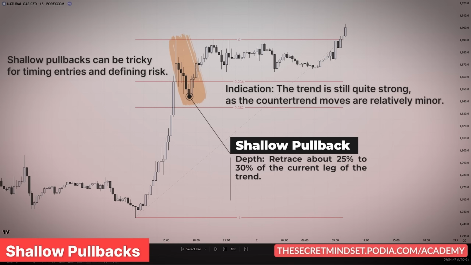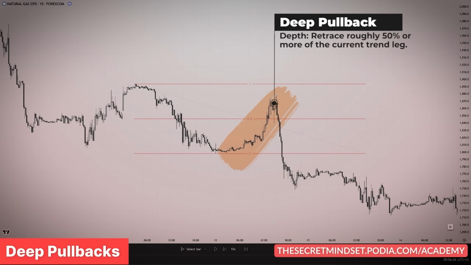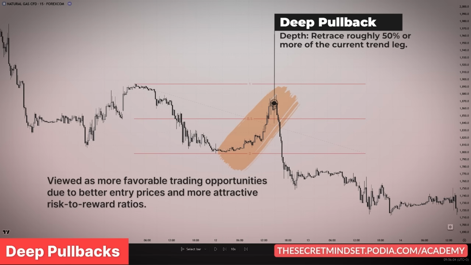However, because the pullbacks are so shallow, it can be tricky to time your entries and define your risk when trading these. Deep pullbacks are corrections that retrace roughly 50% or more of the current trend leg. These are often viewed as more favorable trading opportunities, as they allow you to get into the trend at a better price, with a more attractive risk-to-reward ratio.